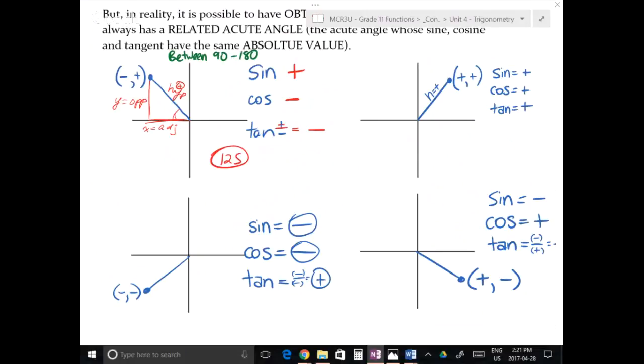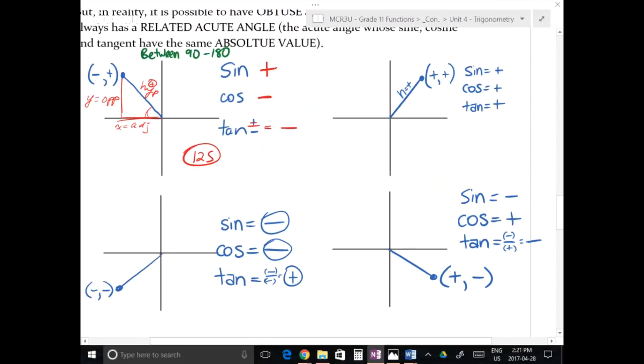Between 180 and 270, in the third quadrant, sine will be negative, cosine will be negative, and tangent will be positive. And lastly, if your angle is between 270 and 360, sine will be negative, cosine will be positive, and tangent will be negative.